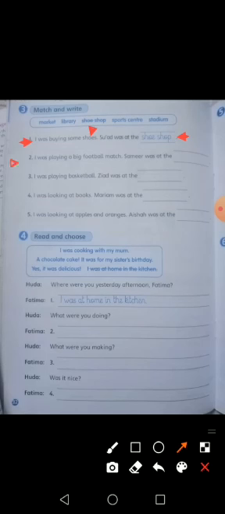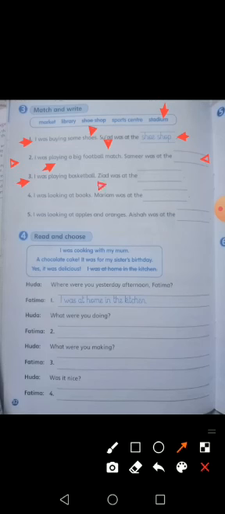Number 2, I was playing a big football match. So Samir was at the stadium. Right? So he goes to play football at the stadium. Number 3, I was playing basketball.